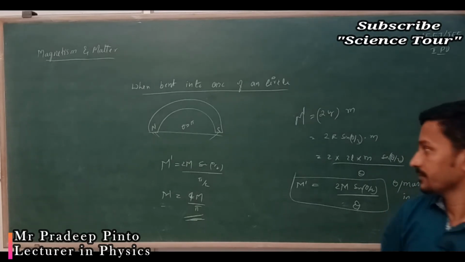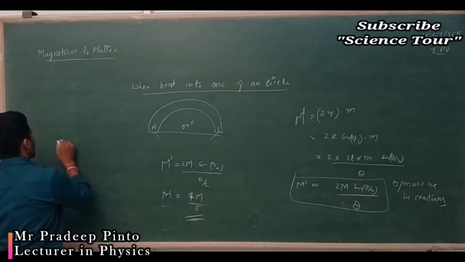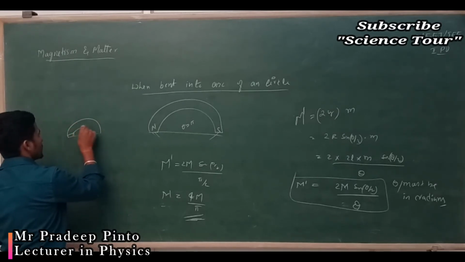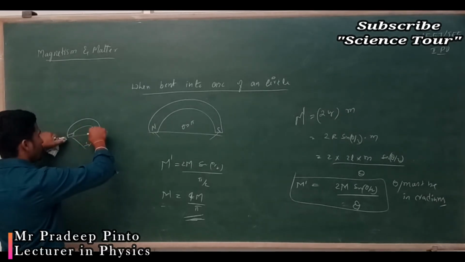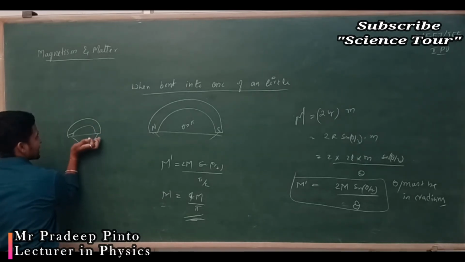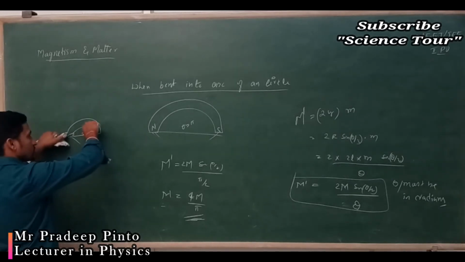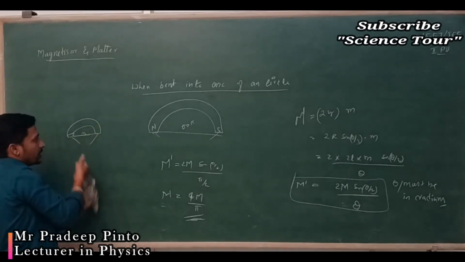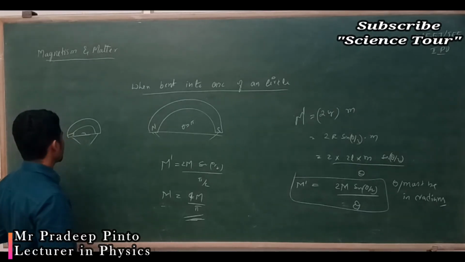And if it is 2 pi, I am going to make it a circle. First what did I do? First I considered it in this way, subtending an angle theta. Now I will arrange it in such a way that the angle goes on decreasing or increasing. The same magnet I am going to take to this pi. Now I will coil it and make it 360 degrees, that is 2 pi.